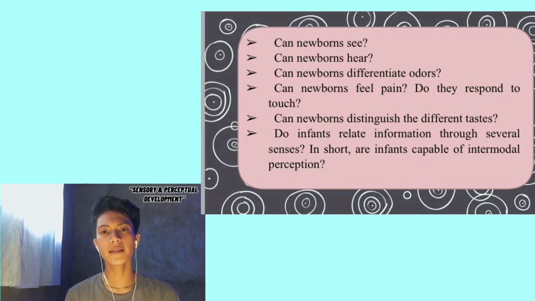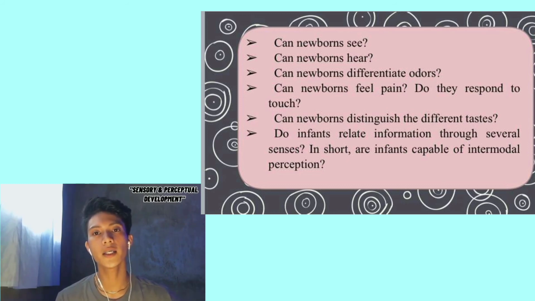Any farther than that, a newborn sees mostly blurry shapes because they are nearsighted. At birth, a newborn's eyesight is between 20/200 and 20/400. Newborns prefer to look at faces over shapes and objects, and at round shapes with light and dark borders.